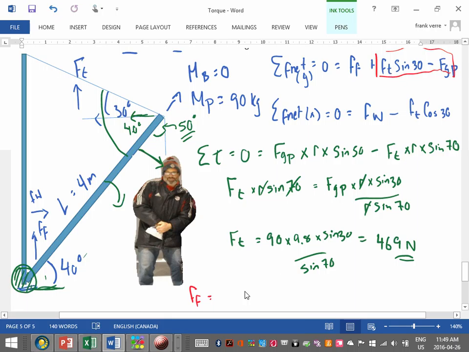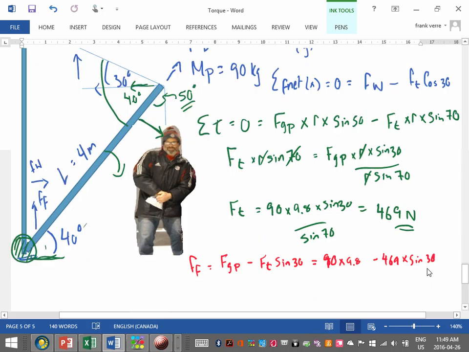So the force of the floor would be the weight minus the tension times sine 30. So the weight would be 90 times 9.8 minus the tension times sine 30. What do we get for the force of the floor?